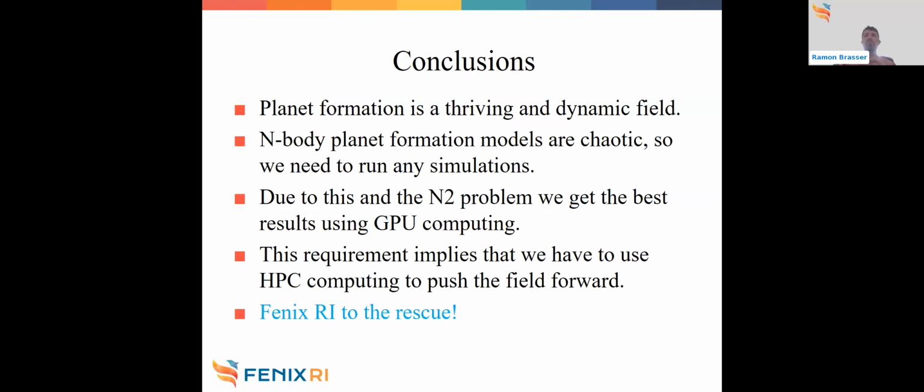But if you only have 1 or 2 GPUs and you need to run 100 simulations that take 2 months, then you're basically waiting forever and you will never publish a paper. So you need a combination of availability, time, and resources, and then Fenix RI to the rescue.